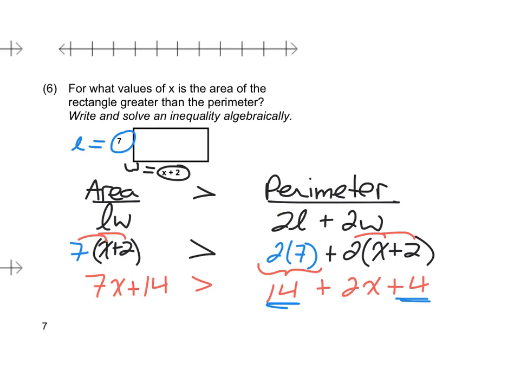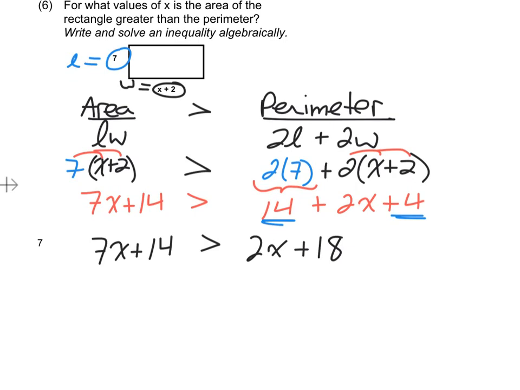Put those together. 7x plus 14 greater than 2x plus 18. Way easier now that you have an actual expression to start with. Subtract.